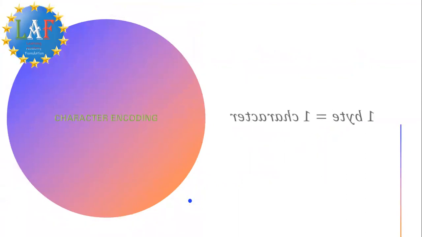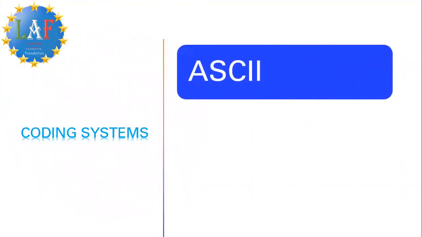So we know that 1 byte is equal to 1 character. In fact, we have seen how with 1 byte it is possible to express 256 different states. It was necessary to adopt a coding system that standardized natural number character correspondence. The coding systems are ASCII, American Standard Code for Information Interchange.